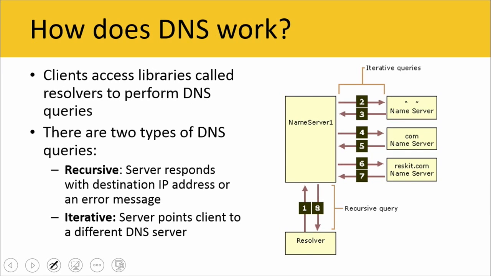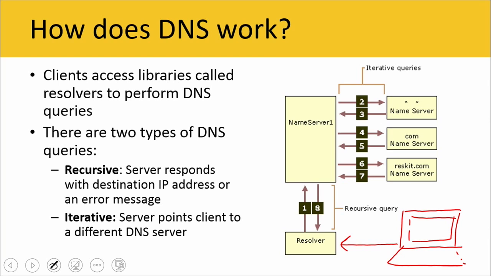All right, so how does DNS work, right? What happens is you have a client. I forgot my desktop icon, so I'm going to draw my funky little laptop here. And it's going to try to send its request to a name server. It's going to do that through a device called a resolver. Clients access resolvers, which are libraries, and then those libraries perform DNS queries.